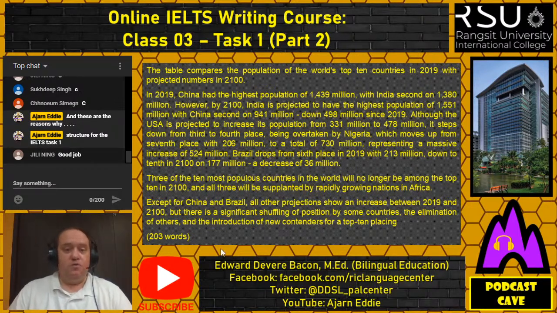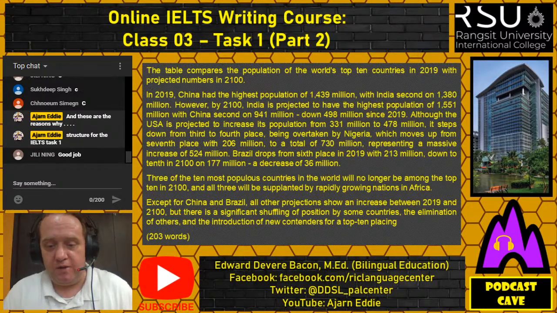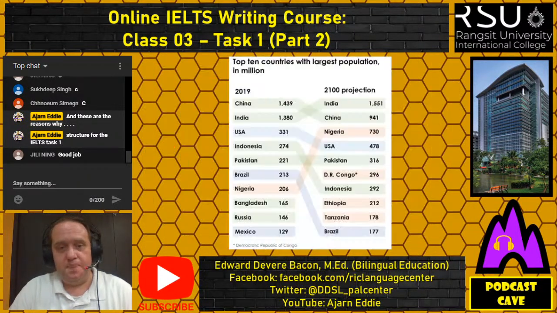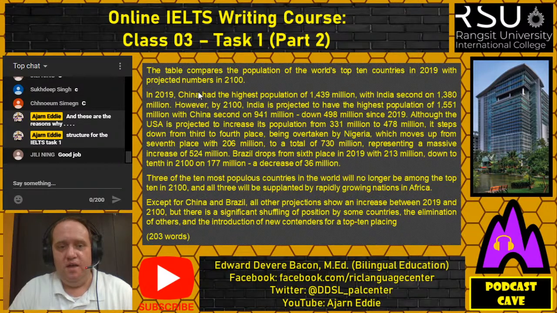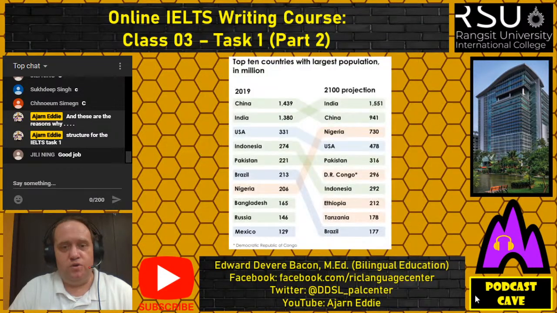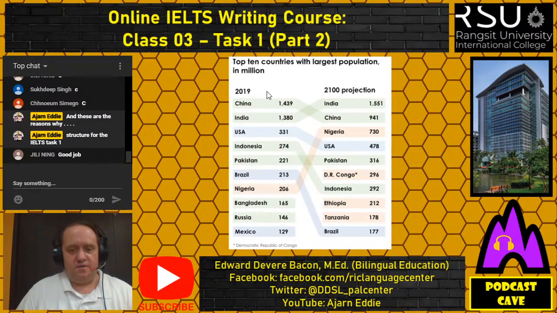All right. So let's look back here. It said top 10 countries with largest population, and the table compares the population of the world's top 10 countries in 2019 with projected numbers in 2100, okay? So basically what they're doing is just taking this title and putting it into a sentence.